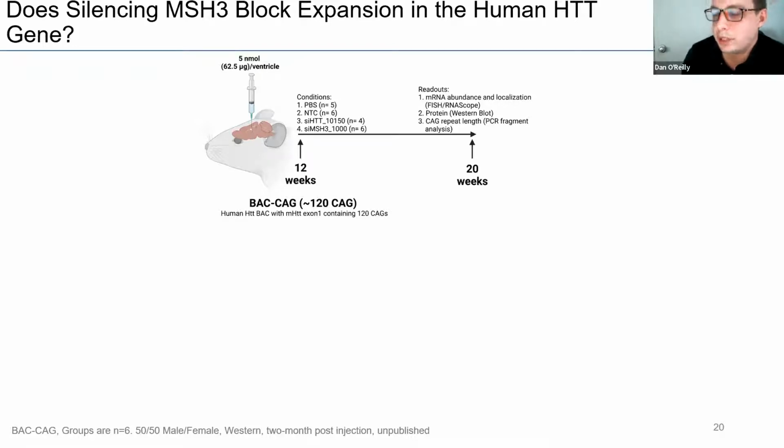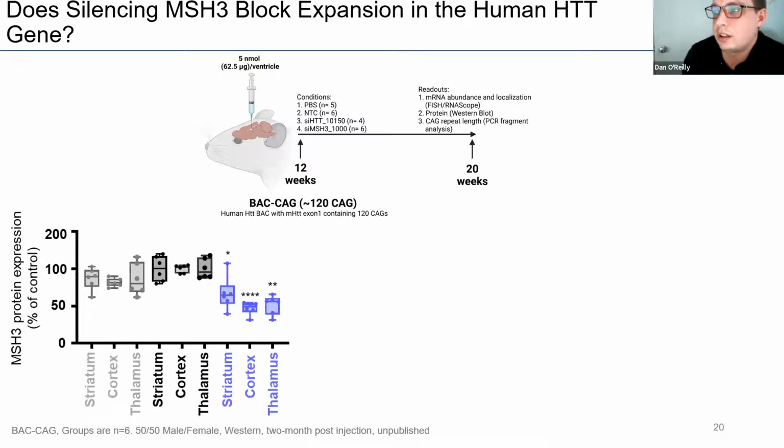And this time when we do the protein, unfortunately, we see only 50% silencing of the MSH3 protein throughout the different brain regions. And at this point, safe to say, I was a bit shocked and was thinking, Anastasia is going to kill me. What did I do wrong?